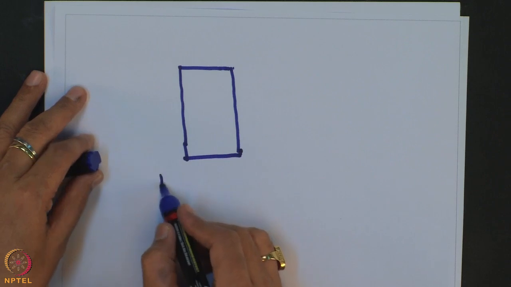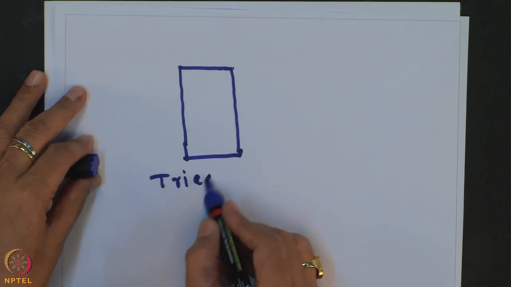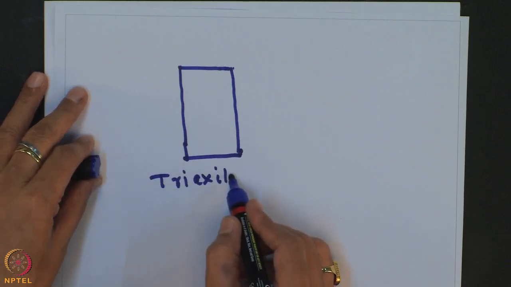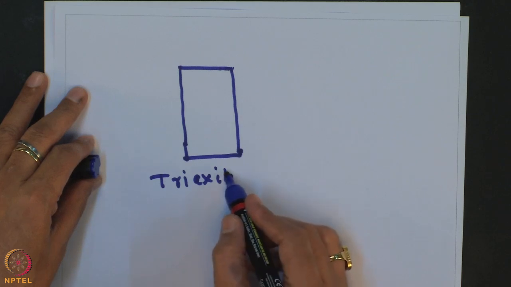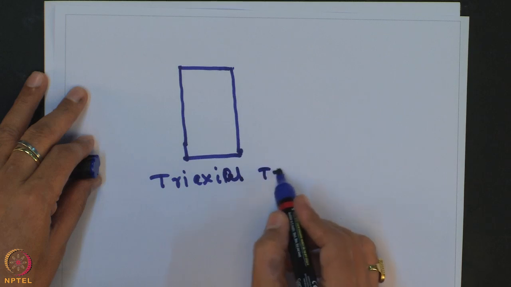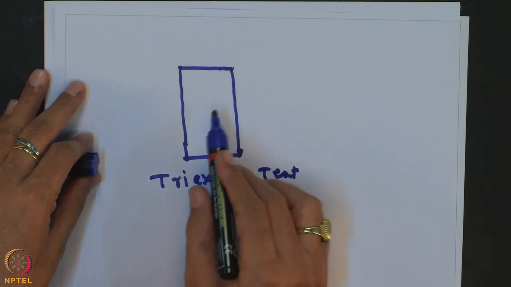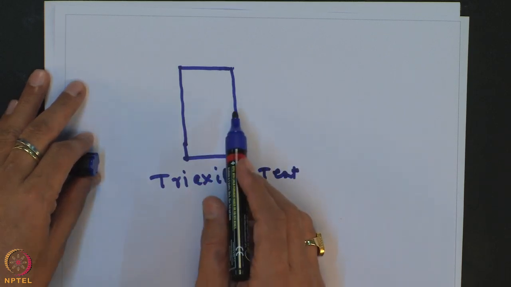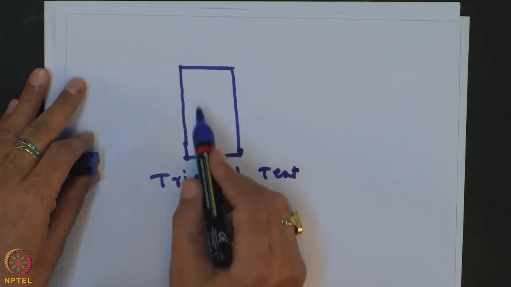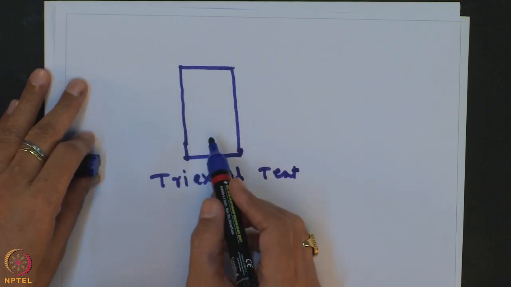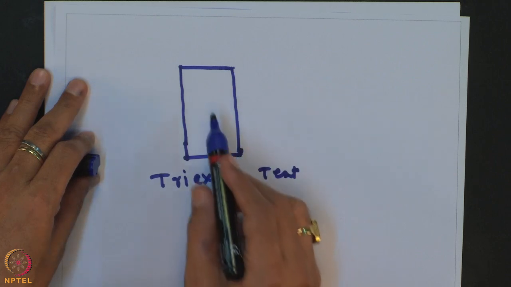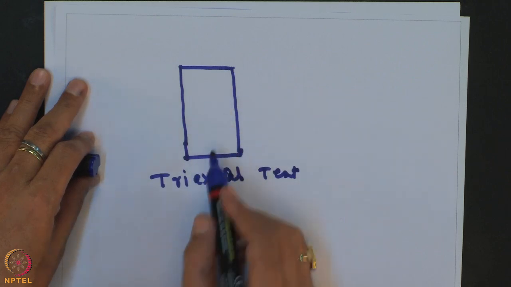So, these triaxial tests are to confirm the beneficial effect of geotextile when you place the geotextile material at the proper location.